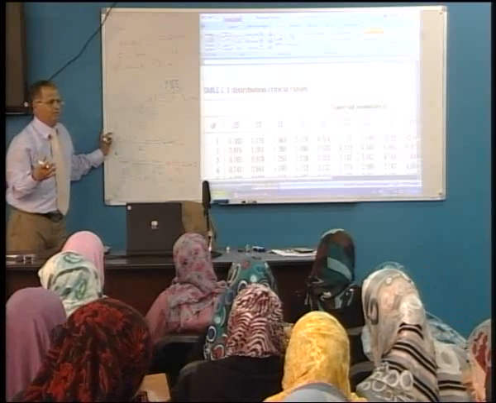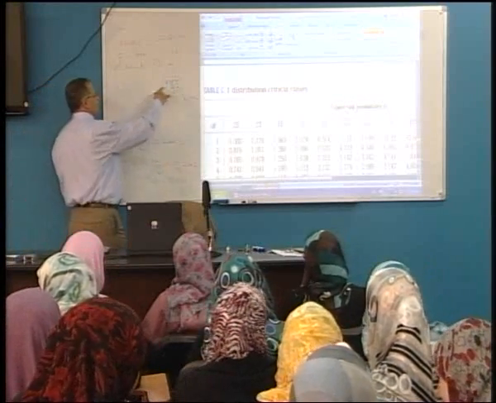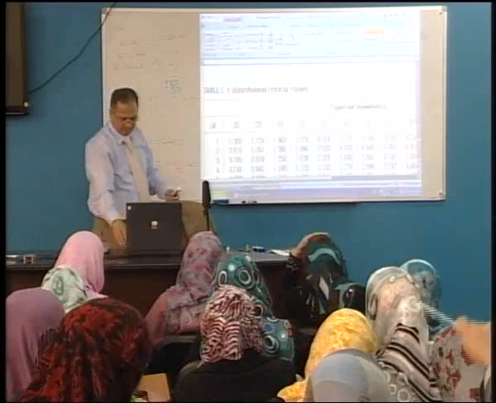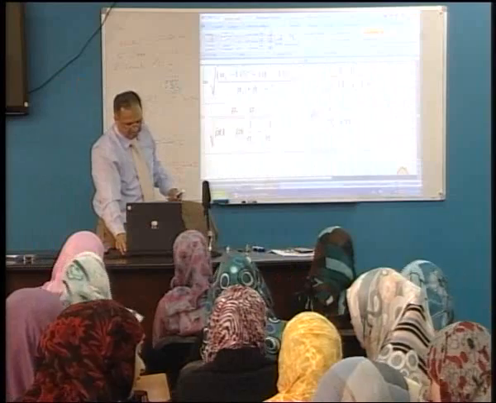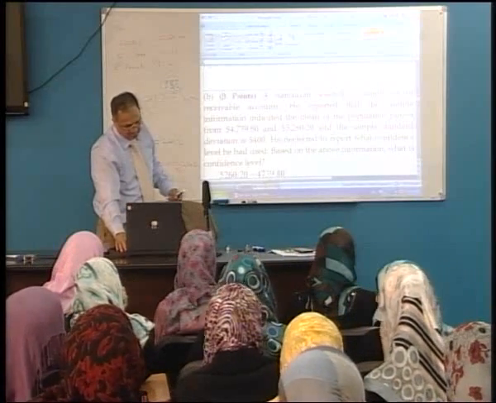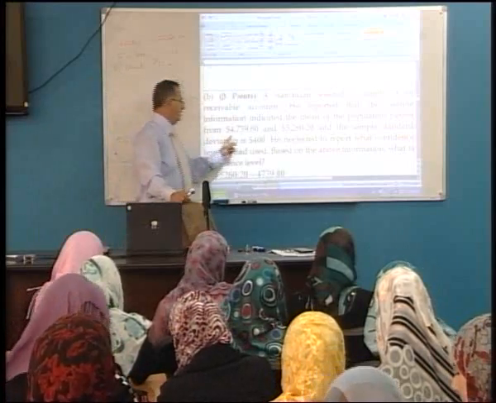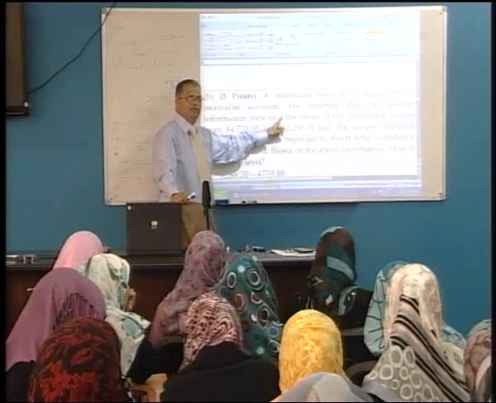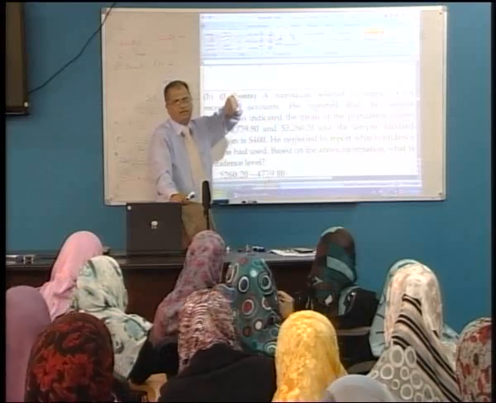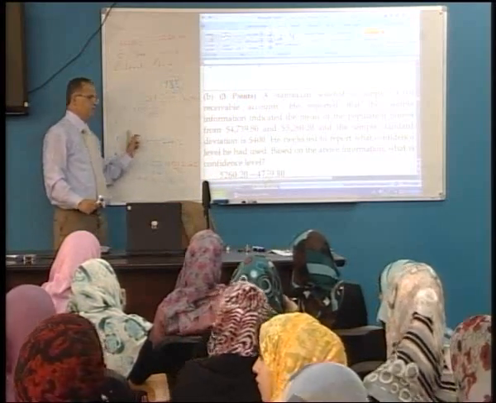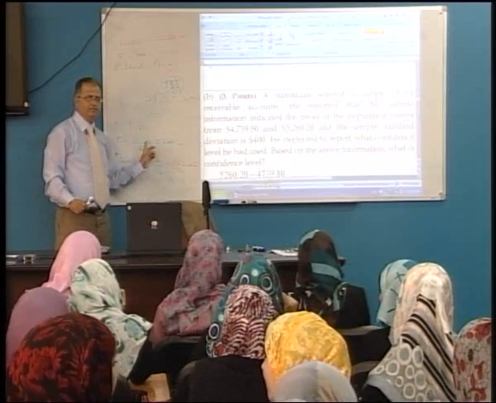So that's the C level or the confidence level. So again, maybe this is a tricky question, but at least you know that if the confidence interval is given, you can determine the margin of error by the difference between lower and upper divided by 2.